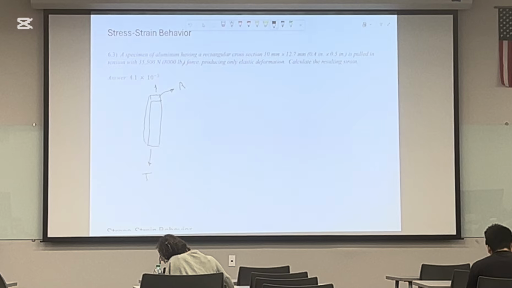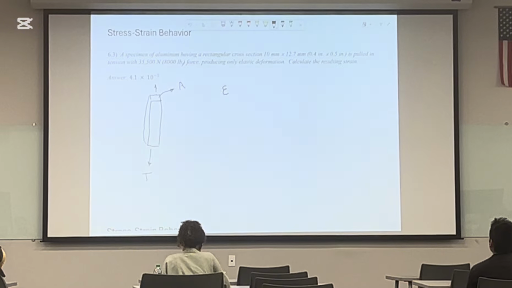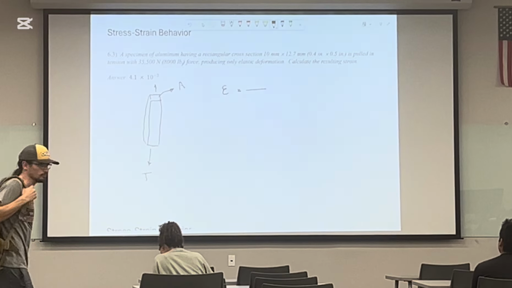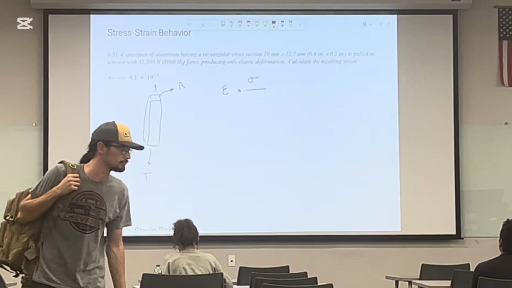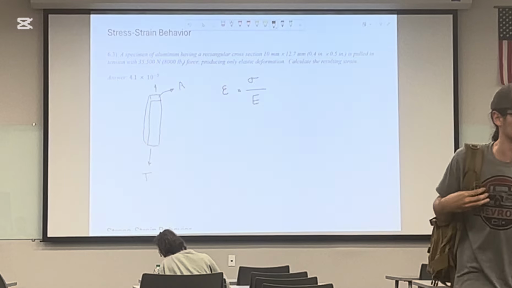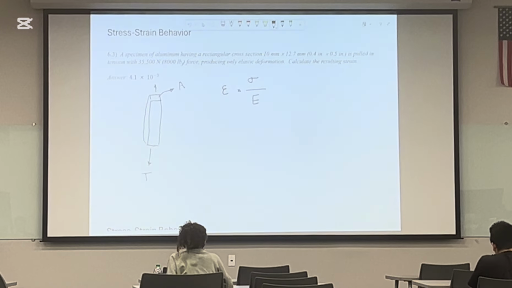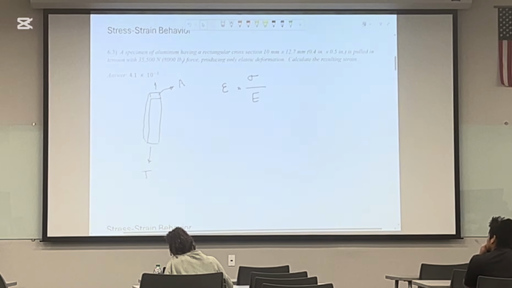So let's use the basic Hooke's law, right? How we can calculate this strain? So basically, the stress over Young's modulus, right? I should have put Young's modulus here.